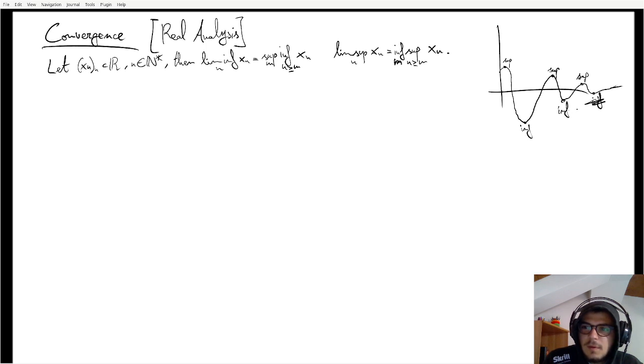But actually here in this case, this is still the inf when we consider after this time. For example, this is the new infimum. We consider after this time, this is the new infimum, and we analyze the limit. So for n, we let n go to infinity.